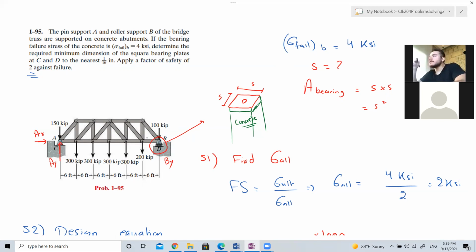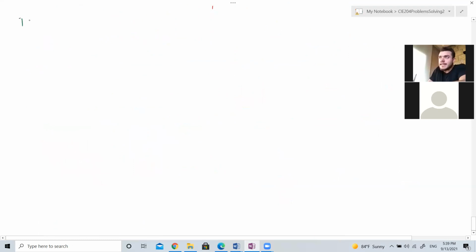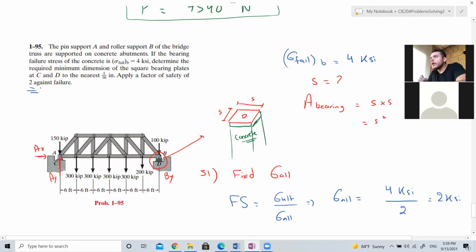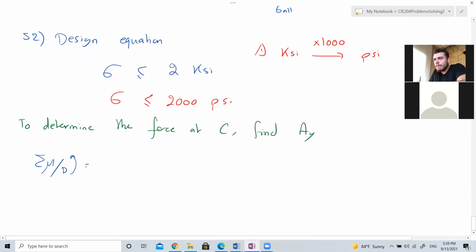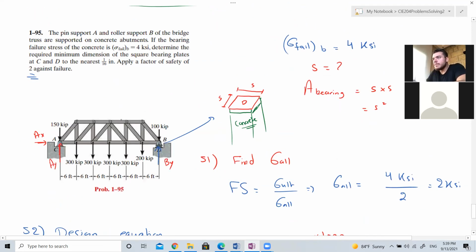To determine the force at C, find AY. So we're going to apply the equation of equilibrium: summation of moments at D equal to 0. Tell me, the first force, what will it give, plus or minus? Minus 200. No.